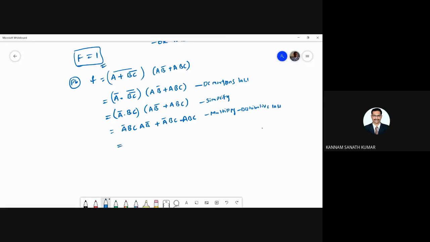So here you can write A bar B bar C plus A bar BC. Anyway, A bar A bar, this is equal to what? 0, and this is 0. So 0 plus 0 equal to how much? 0. So rearranging, you are getting 0 plus 0 equal to 0. So this is how you have to do the given expression.